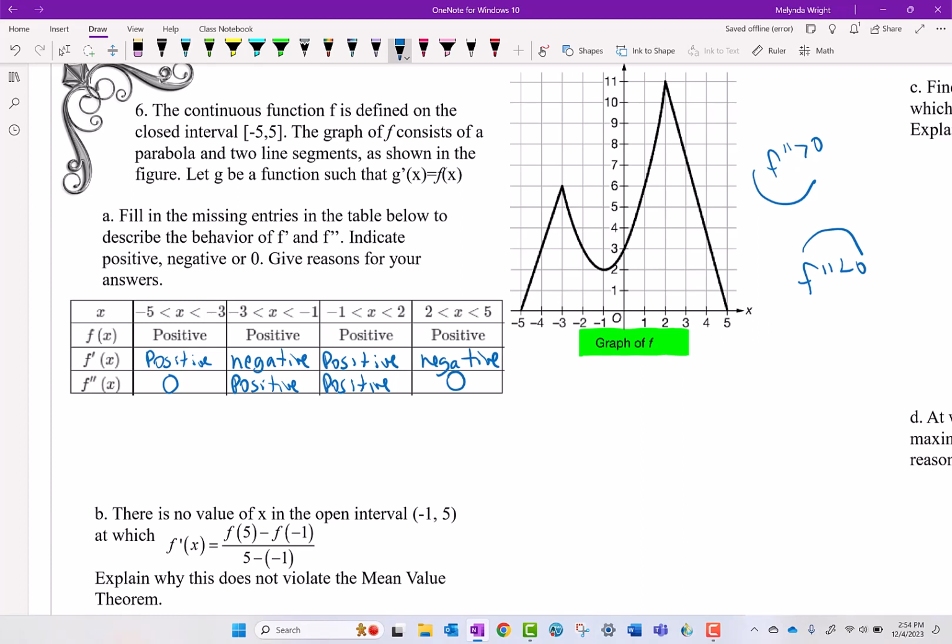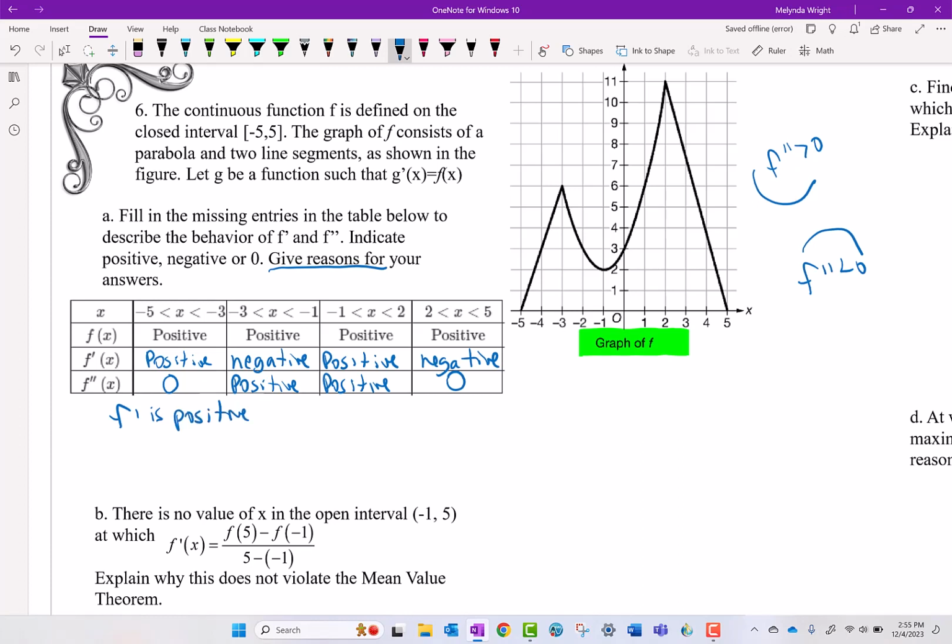Now they want us to give reasons for our answers. So this is going to take a little bit of writing. I know they're excited about that. Lots of writing. So let's talk about f prime being positive and f prime being negative, and how we know. f prime is positive.